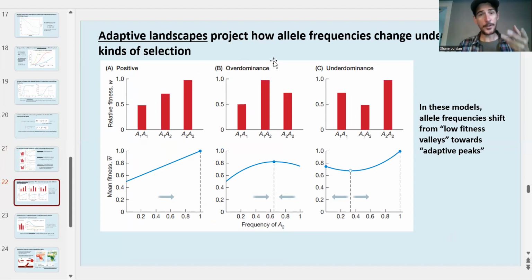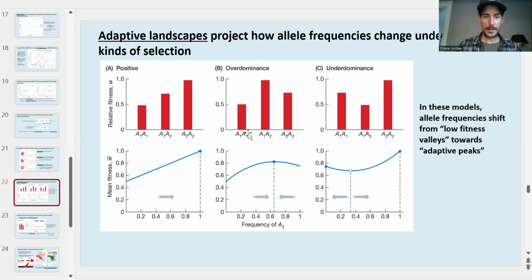In contrast, under overdominance, we're seeing selection pressures coming from two opposite sides, wherein selection is favoring an intermediate frequency of this mutant allele, thereby favoring the frequency of these heterozygous genotypes.